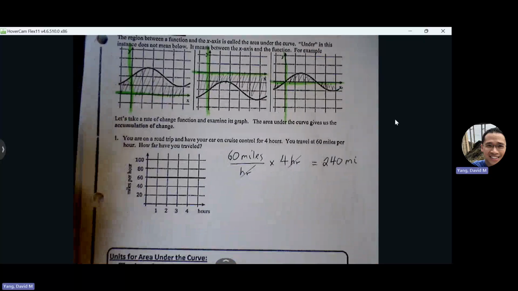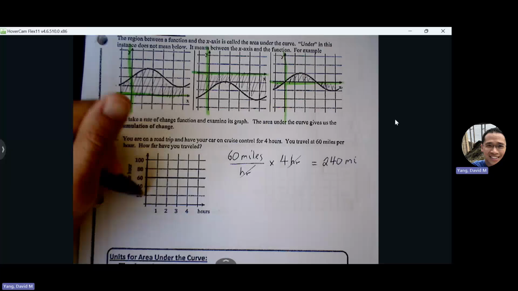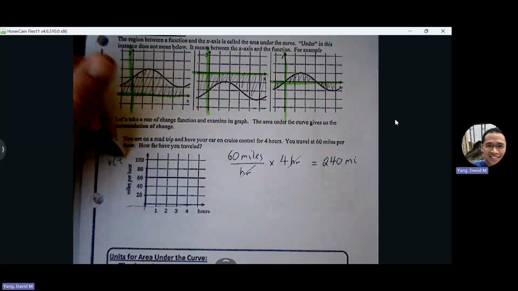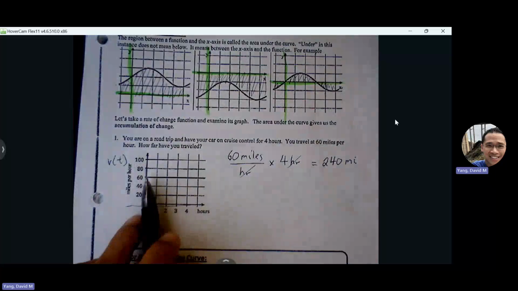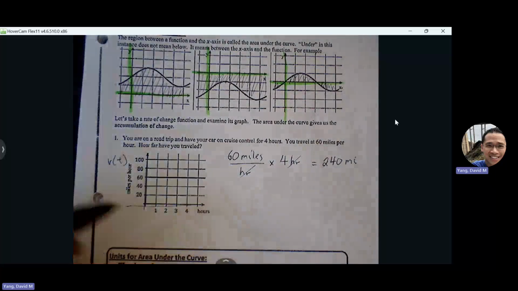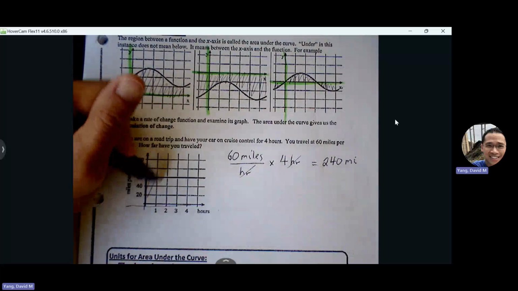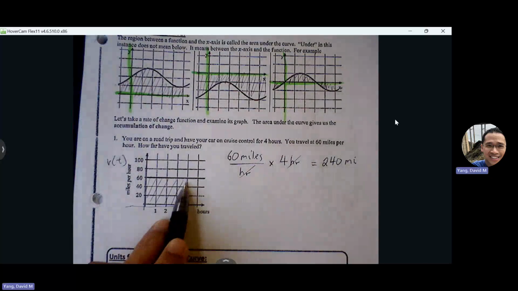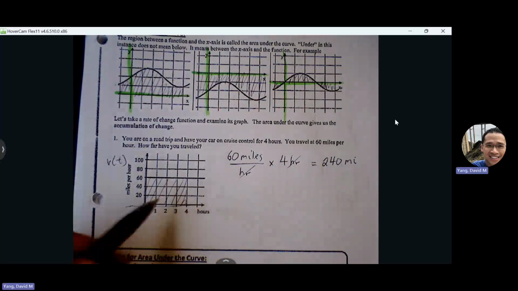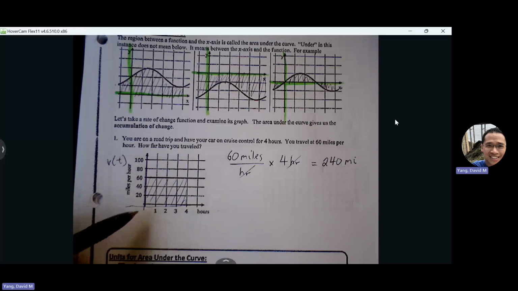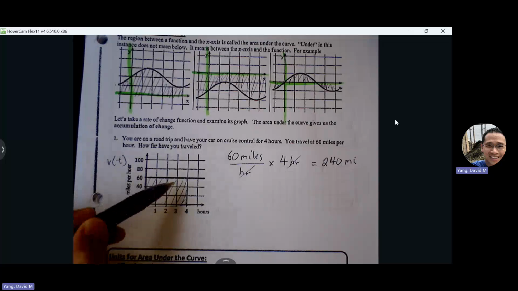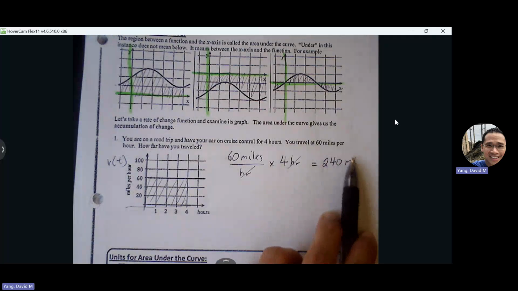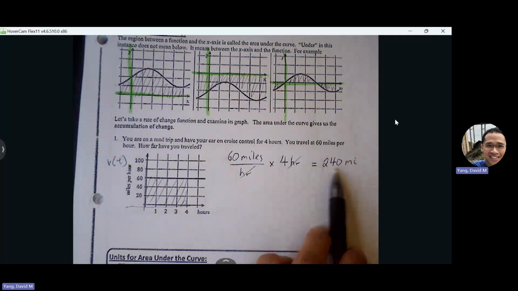Right. We can also think of it this way where, okay, if I have my velocity function, and my velocity function gives me how fast I'm going at a constant velocity. So my constant velocity over a 4-hour period, it's just going to be 4 times 60. So if we take the area for the velocity function in the graph, we're going to get up to our position or our displacement or our distance.